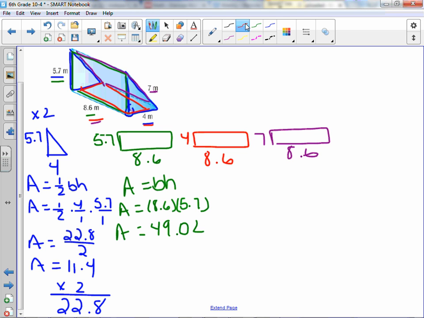Our next rectangle, area equals base times height. Area equals 8.6 times 4. Area equals 34.4.